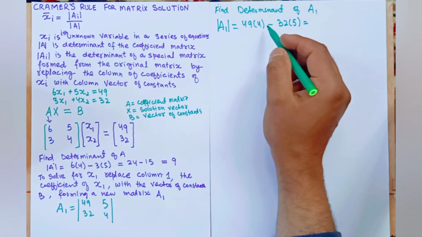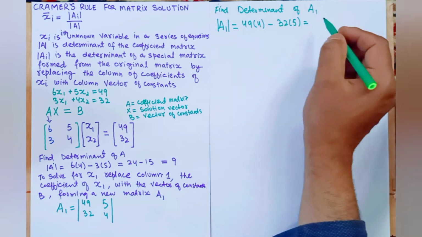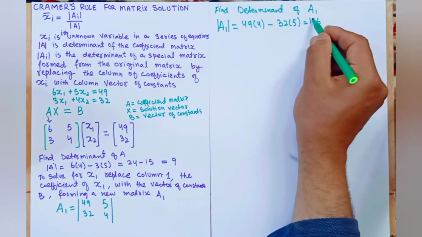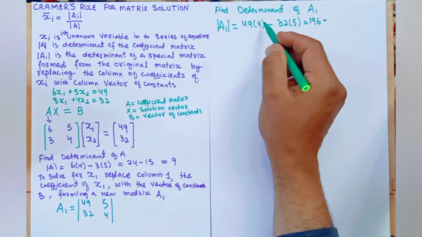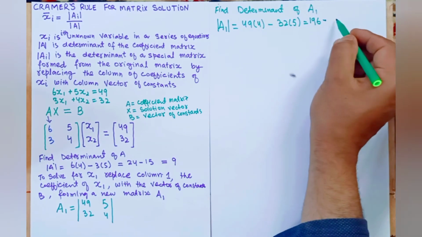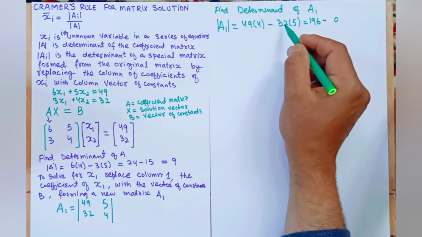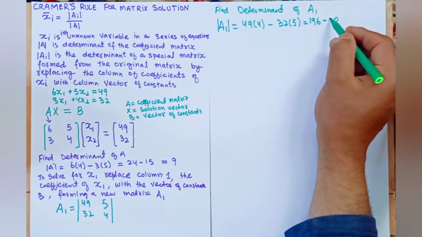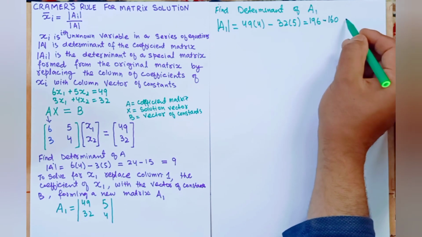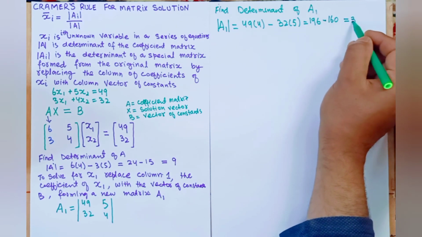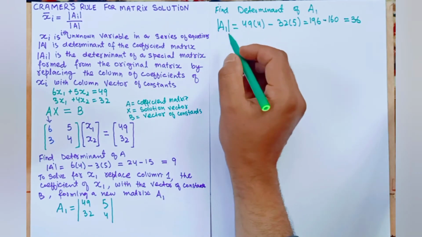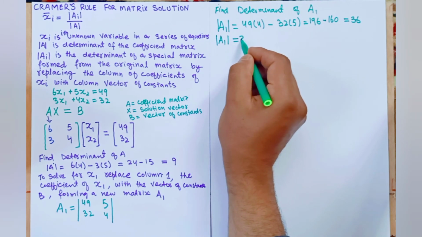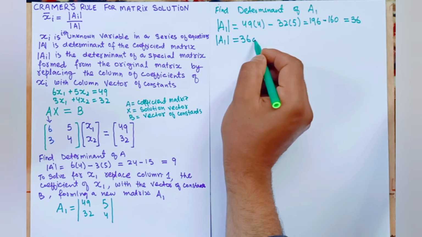So 4 nines are 36, 4 fours are 16, which gives 196, minus 5 fours are 20 and 5 threes are 15, that is 160. So this is 196 minus 160, that is 36. So the determinant of A1 is 36.